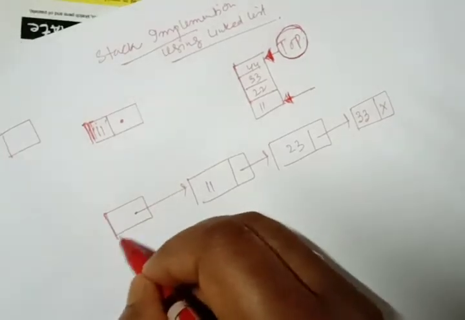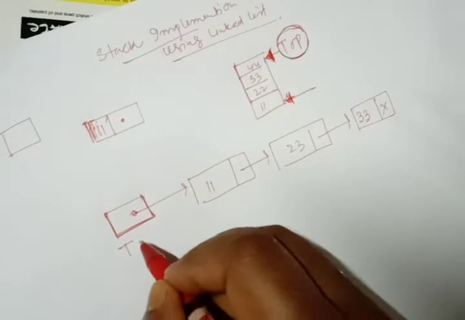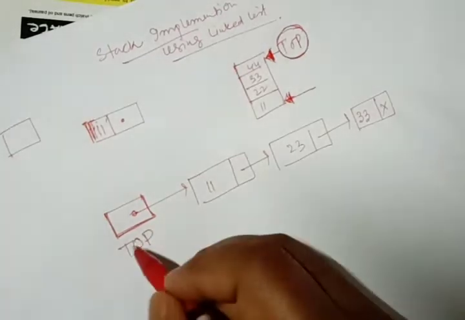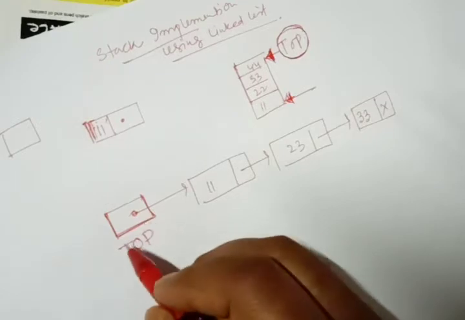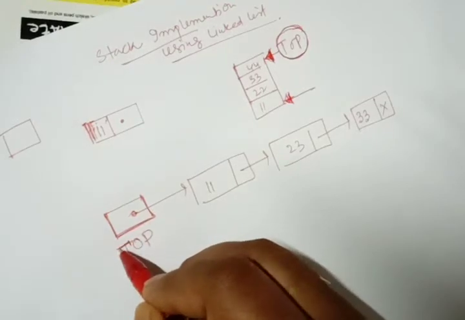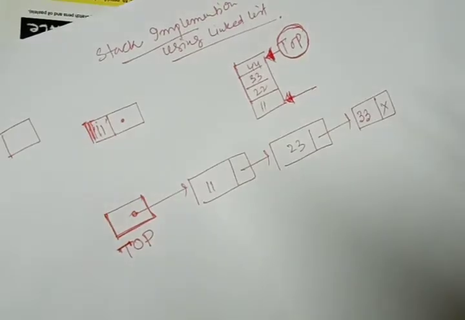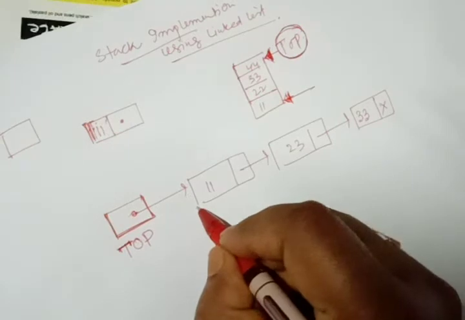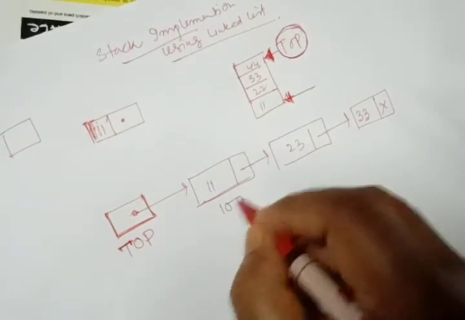Now this block indicates the top. So instead of the start pointer in a one-way list, we will maintain that start pointer using top. So top indicates the topmost position of the stack.